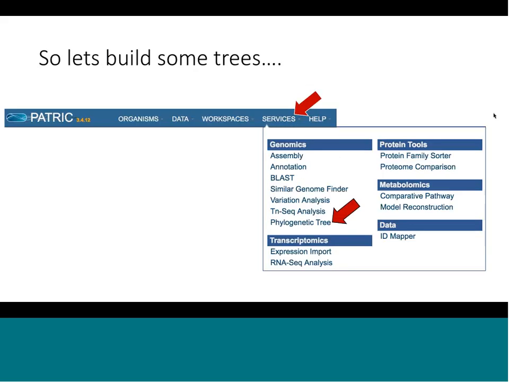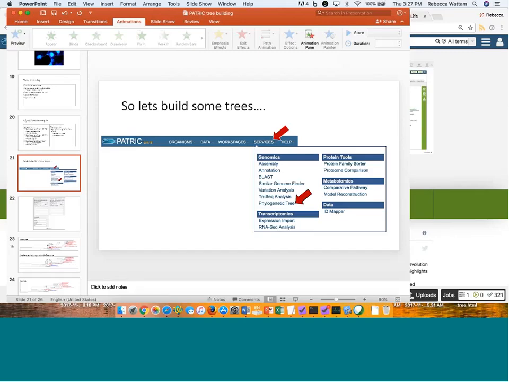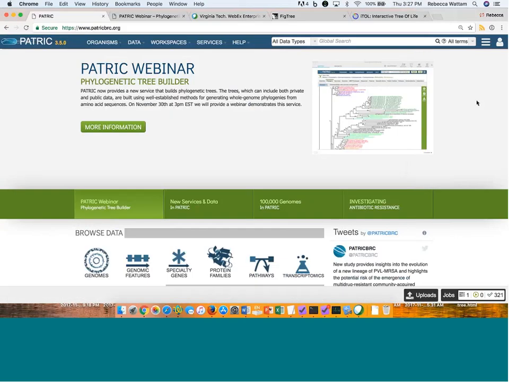So let's build some trees. Any questions while we set up here? Okay. If there are no questions, everybody should be logged in. If you're not logged in, PATRIC won't allow you to build trees. It's not that we're going to spam you or want anything from you.